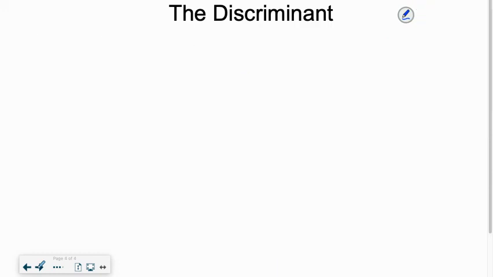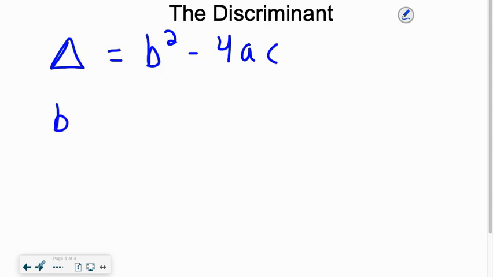The discriminant, used by the symbol delta, which looks like a triangle, is what's underneath the square root in the quadratic formula. So the discriminant is b squared minus 4ac. If the discriminant equals 0, then there is a repeated root.